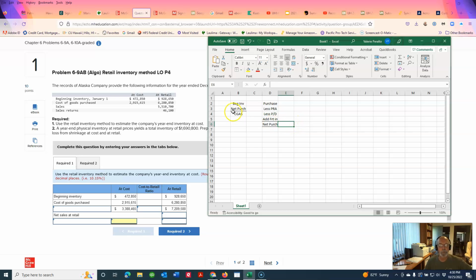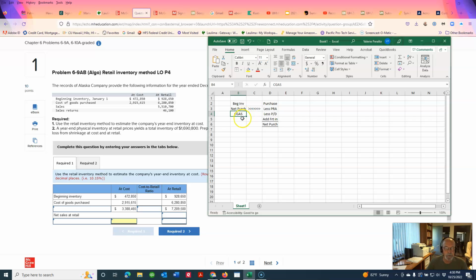If we start with our beginning inventory and add our net purchases, that total is the cost of all the goods that we started with, plus we bought, available for sale.